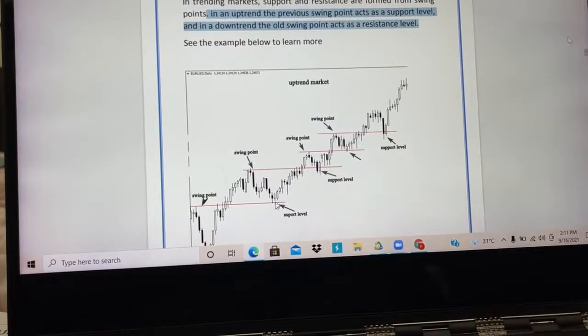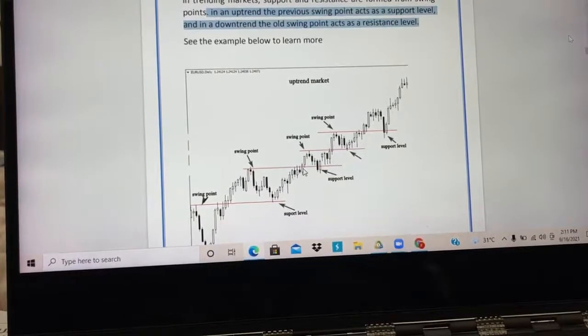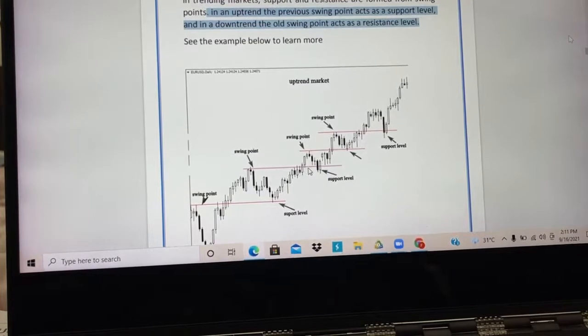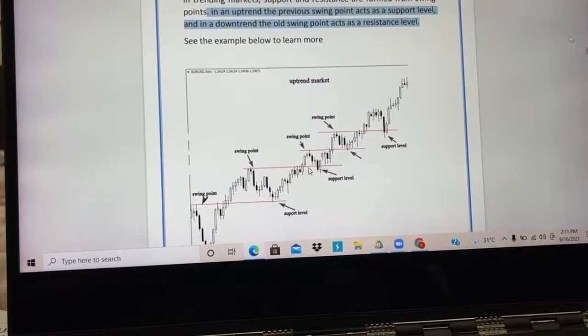This was the resistance, but you notice the candles kept on going higher. Usually at the resistance or swing point it would drop, but it didn't. It went past it. Because it passed your previous resistance, that level is now considered our support level. So we would make another notation that this is the new support and not here.